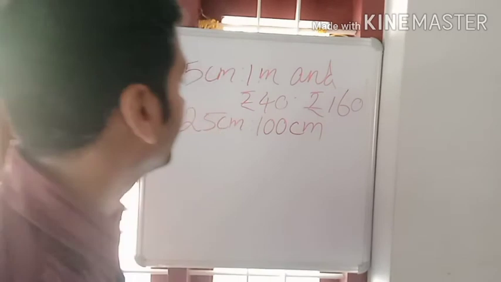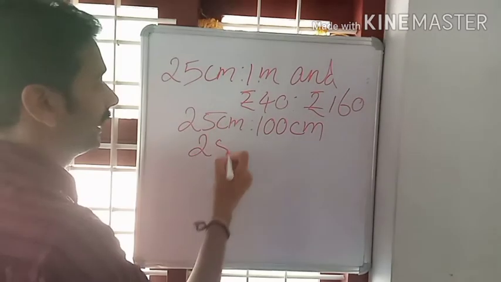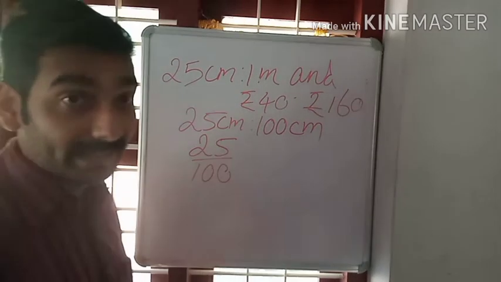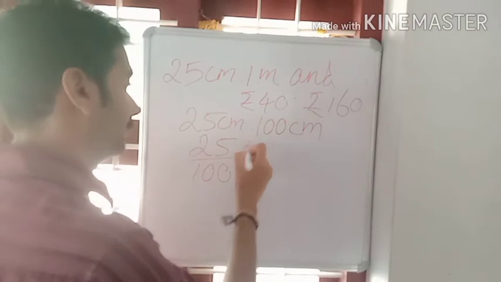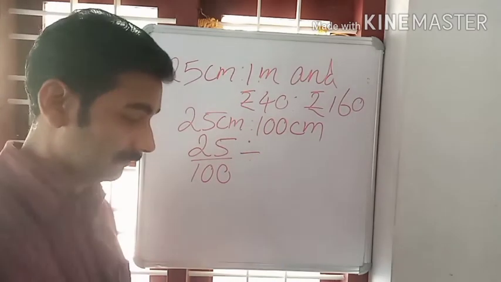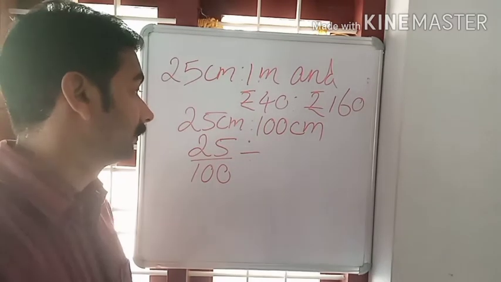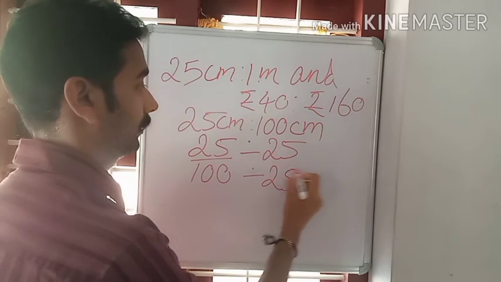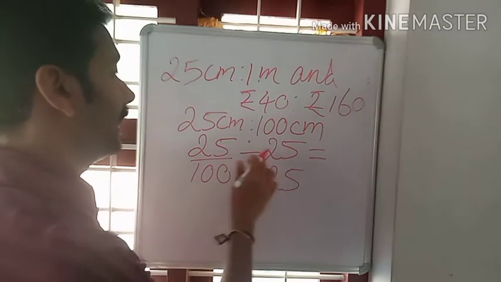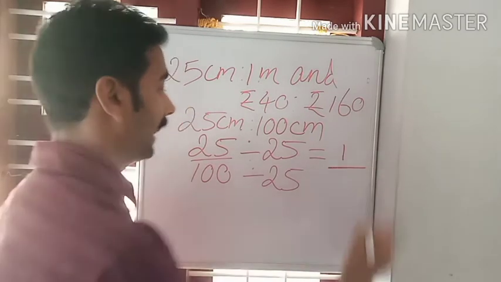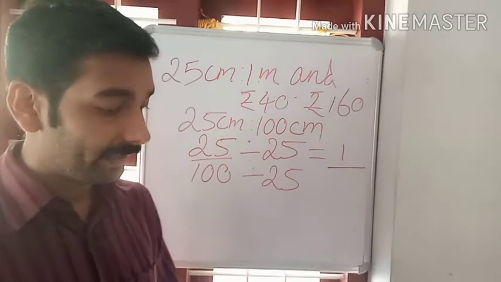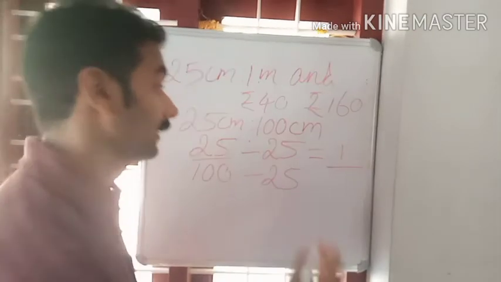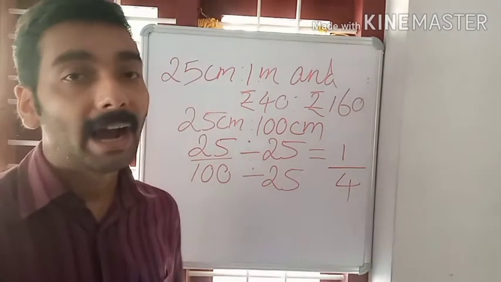Then 25 upon 100 is divisible by 25. 25 divided by 25 is 1, and 100 divided by 25 is 4. So 1 upon 4. Clear?